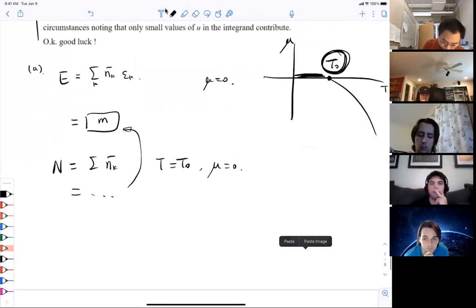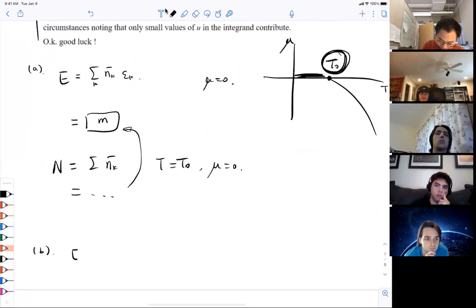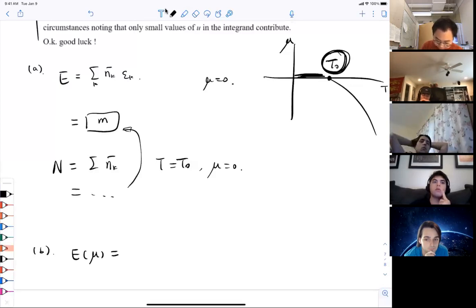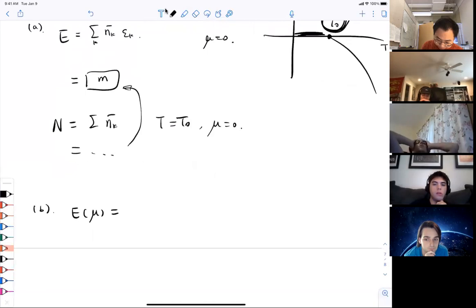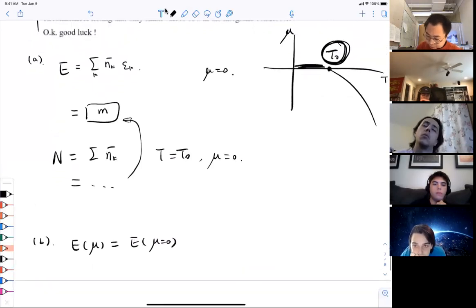Yeah, so for part B, just like what I said from the hint, it's not that obvious from the hint, but anyway, we regard this as a function of chemical potential. So we expand this energy around this transition point T naught.